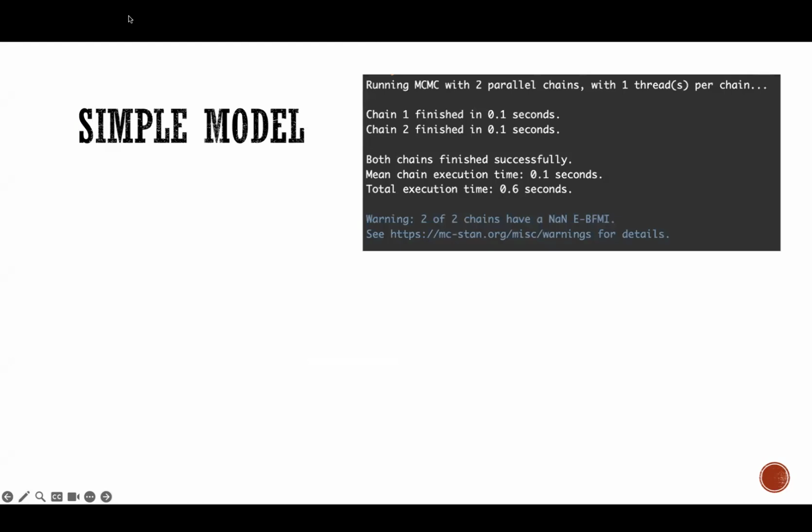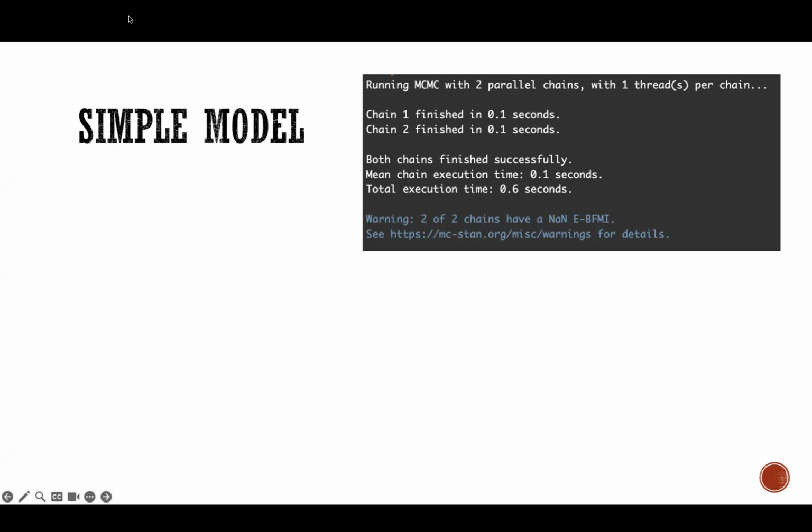We run the first model, and what we get is something slightly different from what we've got before. The model is compiling, it's running, it finishes in 100 milliseconds. And then we have a warning that says 2 out of 2 chains have an NaN EBFMI.